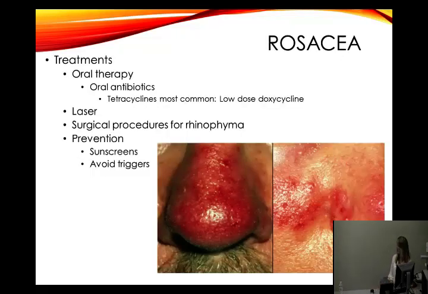So oral antibiotics, if somebody's coming in with the papules and pustules, sometimes the metronidazole isn't quite enough. So we will treat with tetracycline family and a very low dose. So doxycycline, when you're treating a bacterial infection, you're going to be using 100 milligrams twice a day.